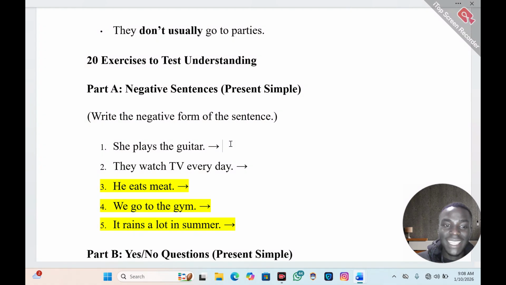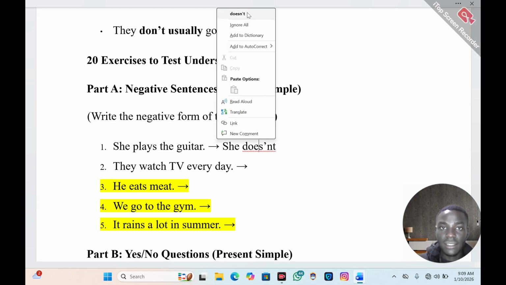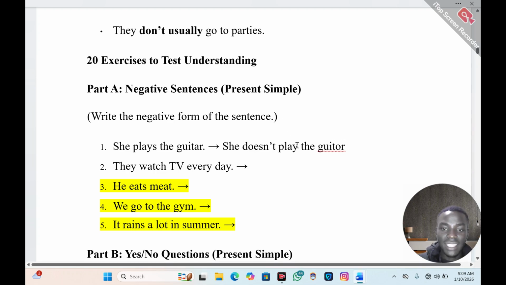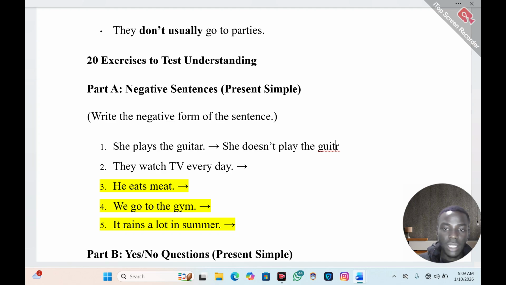She plays the guitar. So in negative form, we say she doesn't, or she does not. She doesn't play the guitar.